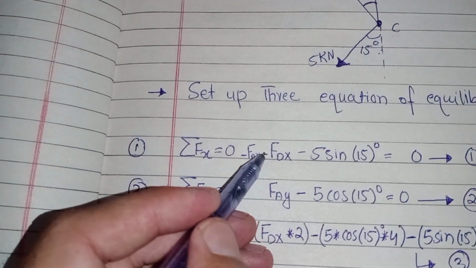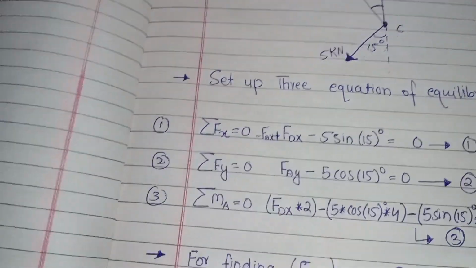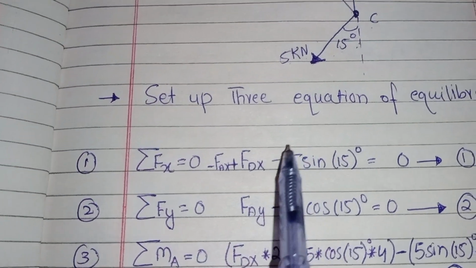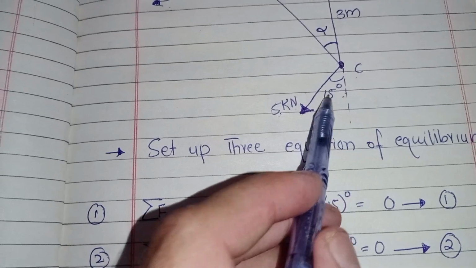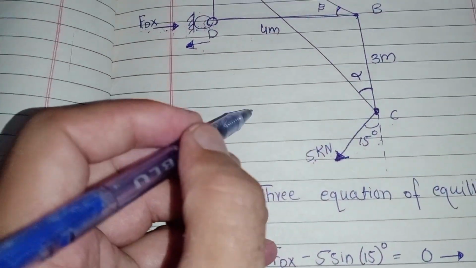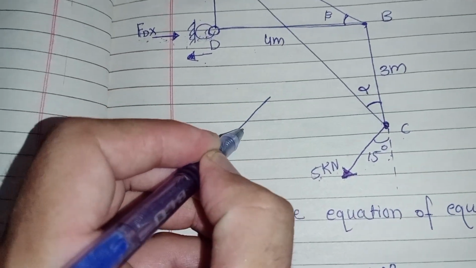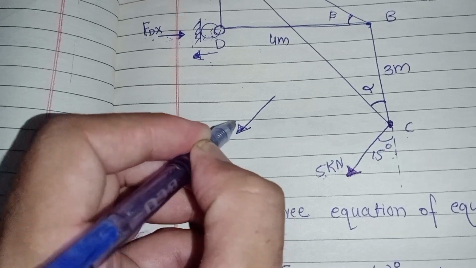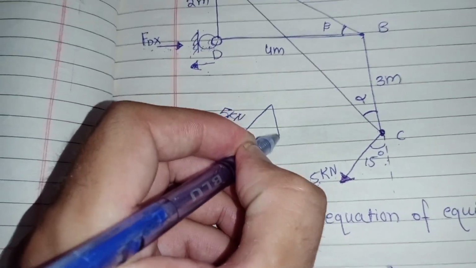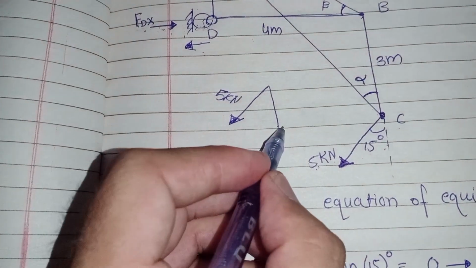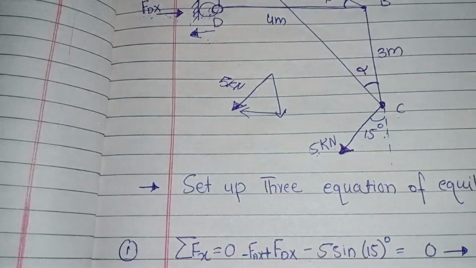It means that this is positive FDX, and negative the one component of this force. I resolve it into its components: this is the resultant force which is 5 kilonewton, and one component is vertical, and the other component is horizontal.